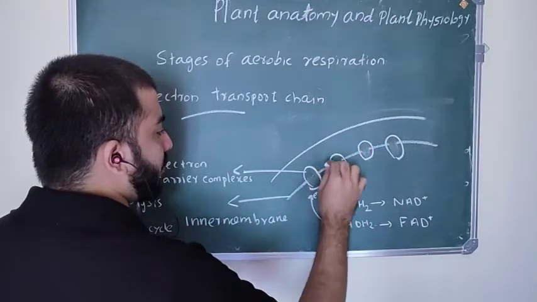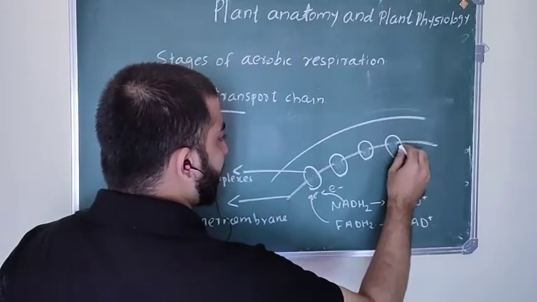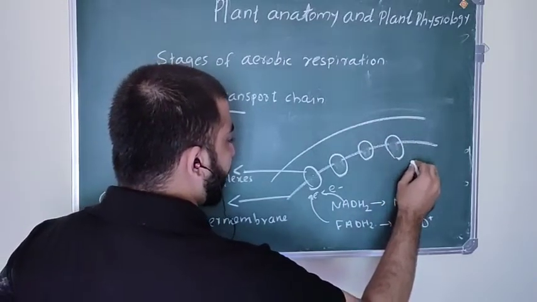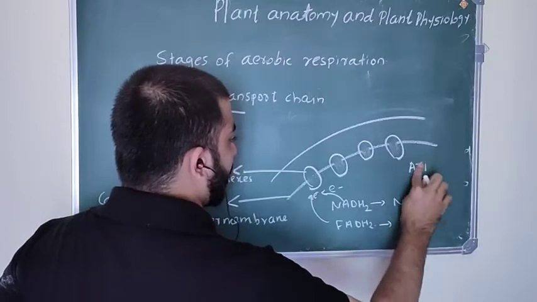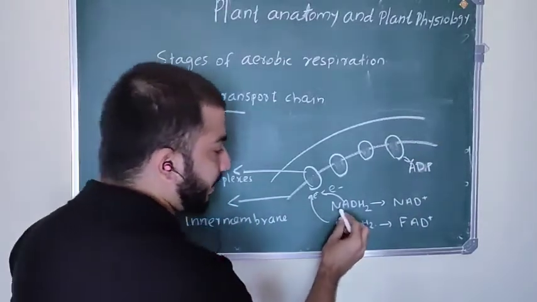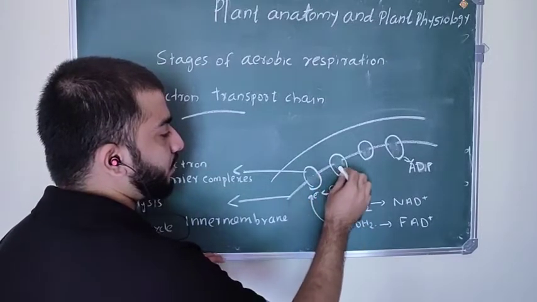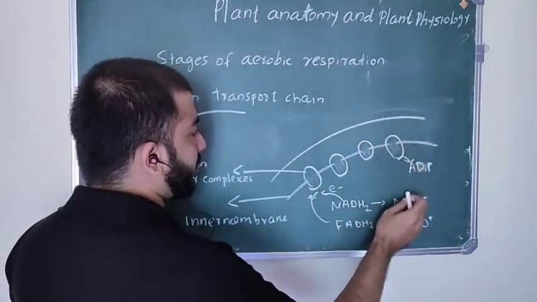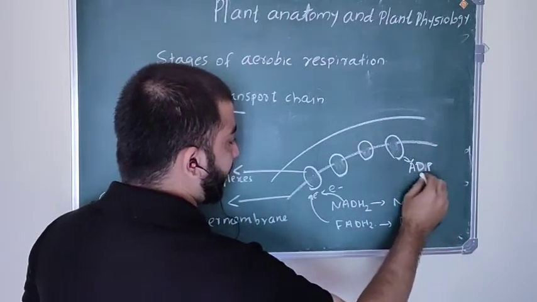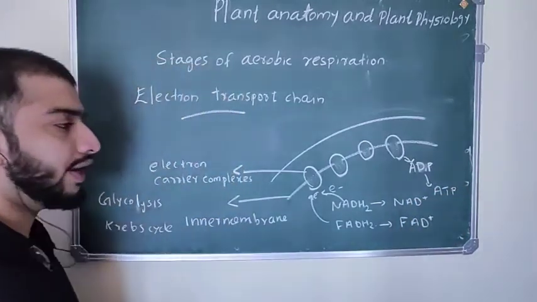As they move, the energy released by the movement of these electrons is trapped by ADP, and ADP is converted into an energy-rich molecule called ATP.